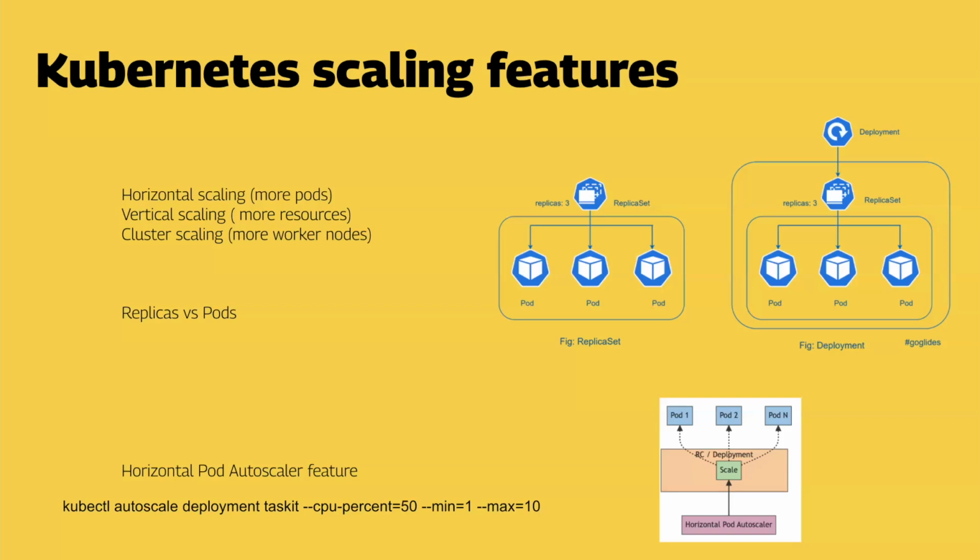Anyway, they can all be destroyed, and that means downtime for your application. So a replica in this case saves you from that. You always have at least one copy that is available, one copy of your microservice or the app.